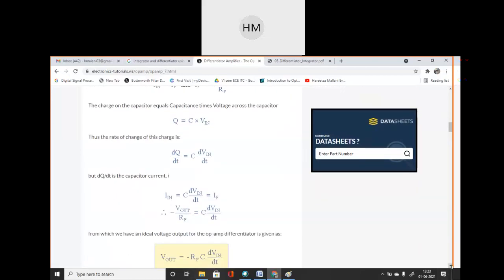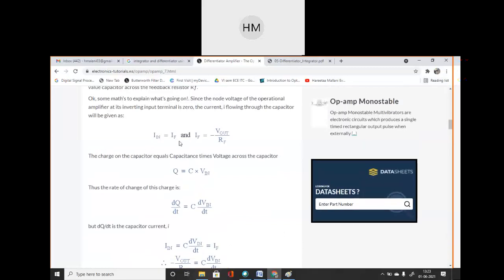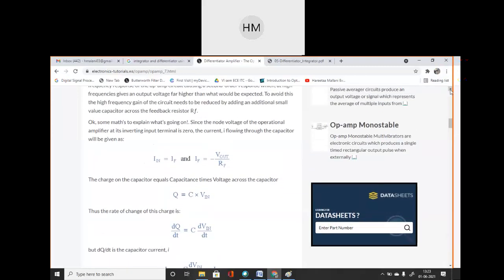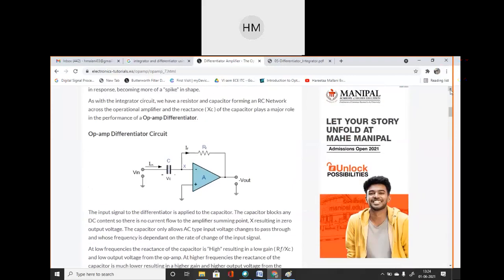So now you can see I have written that dq by dt is replaced by I in is equal to C dV in by dt is equal to IF, which is my feedback current, as I have written in the first expression as I in is equal to IF. Clear? I in is equal to IF and this is my circuit. This current is flowing over here as we say that these bias currents are very, very small.